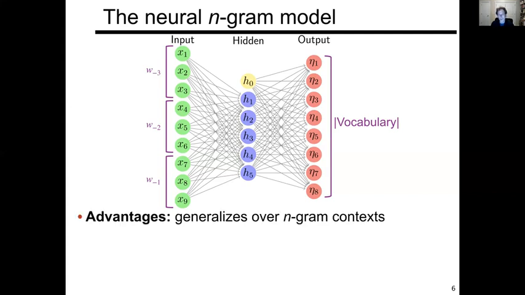This has advantages over traditional n-gram modeling. The most crucial advantage is that it generalizes over n-gram contexts. So this model, because it has an embedding representation, has the capacity to learn that, for example, if soup appears in the context, it should probably generate reasonably similar predictions as another word, for example broth, that is semantically similar to it.